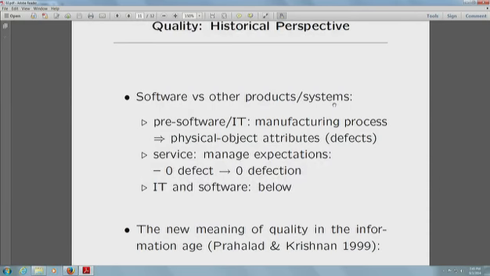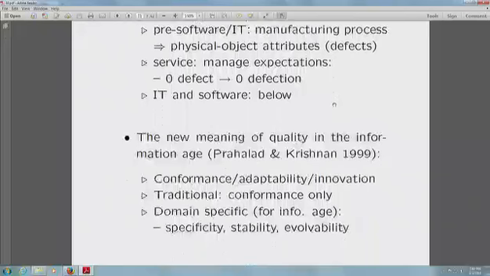Okay, and there are also some expectations about the things in the traditional view and in the new views. So in our information technology software industry, we expect some kind of combination of not only conformance to your standard, but also some adaptability, some innovation. Sometimes people often say, look at Windows.